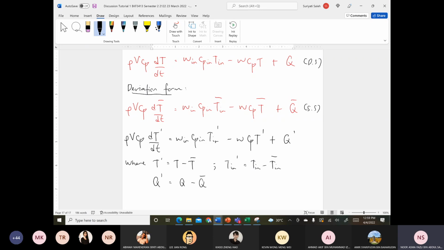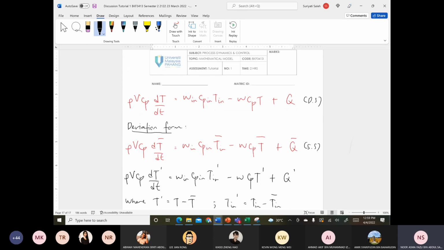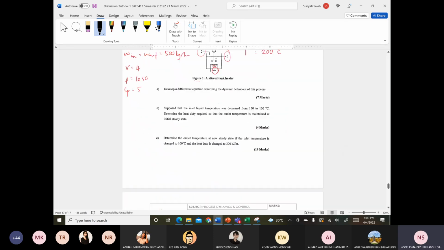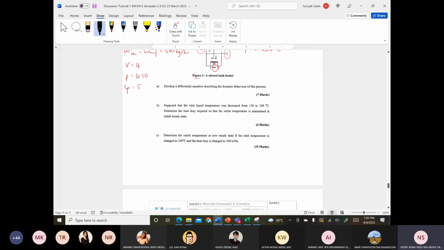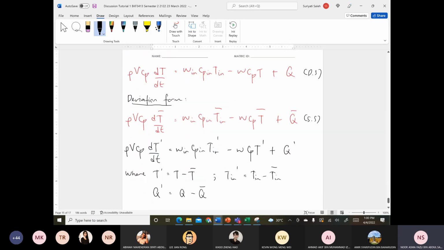Okay, so this is your deviation form. In this case, the question asks you to develop a differential equation describing the dynamic behavior. So this is the equation for A.